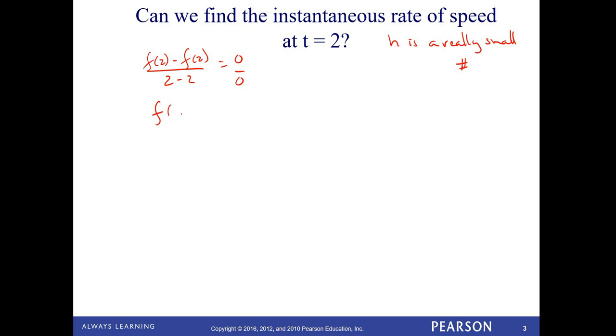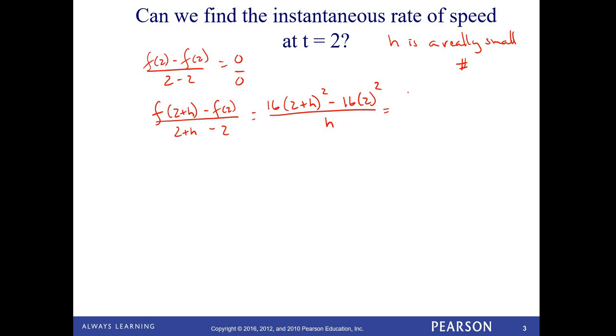And I'm going to do f of 2 plus h minus f of 2 over 2 plus h minus 2. So putting this into my function, this is 16 times 2 plus h squared minus 16 times 2 squared over, this just simplifies to h.